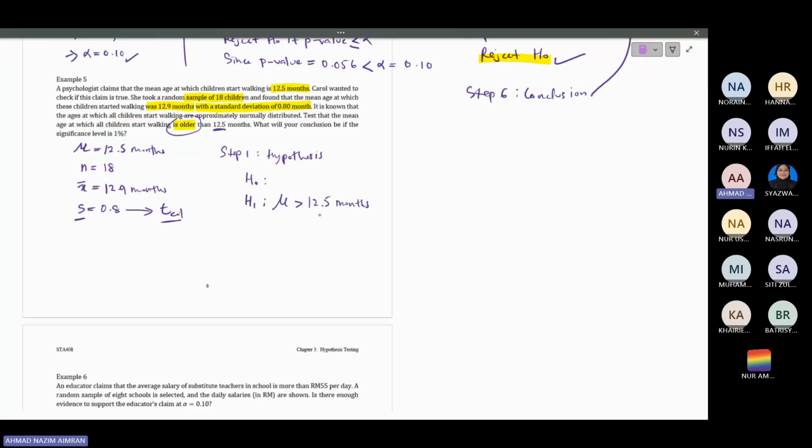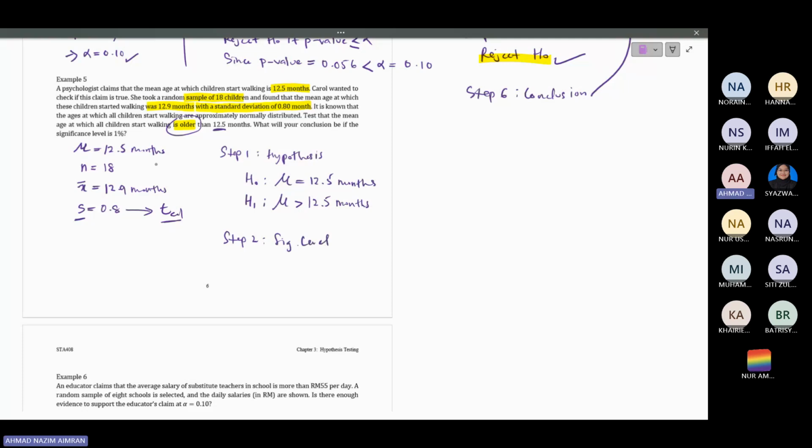So this time we are conducting a one tail test or a right tail test because this symbol is used, greater than. And for the null hypothesis, again we just use the equal to symbol. It is equal to 12.5 months. And step 2 is the significance level.